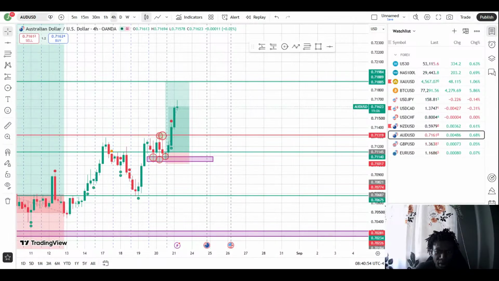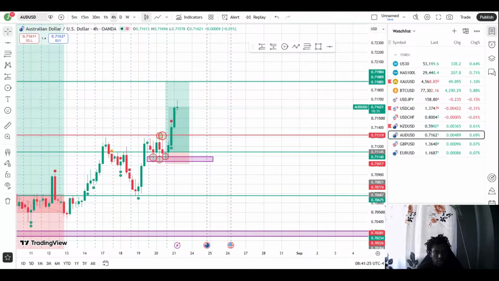I want to focus more on trading indexes like US30, NAS, maybe gold. I haven't traded gold since March of this year. That's the last time I traded gold. I'm just trying to take it a little slow and then rise up with it.